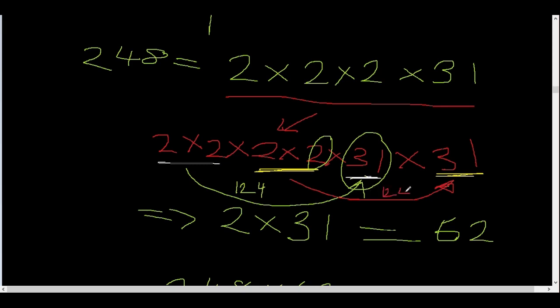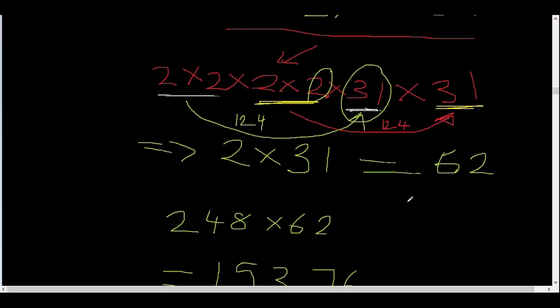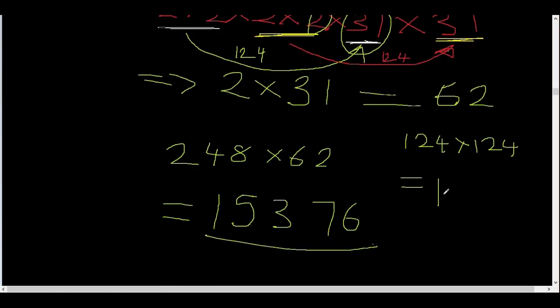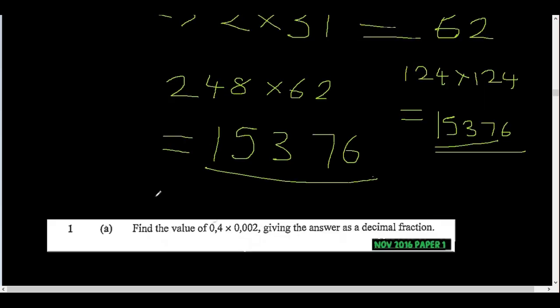So that will be the perfect square. Just to confirm we've done it correctly, we multiply 124 times 124 and we get 15,376. Therefore it checks out, it adds up. Therefore the number that needs to be multiplied is 62 to make it a perfect square.